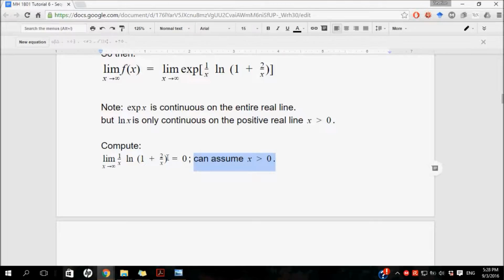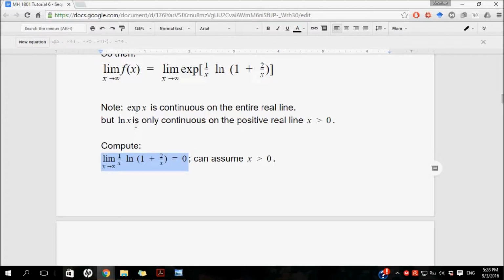Seeing that 2 over x converges to 0, 1 plus 2 over x converges to 1, and ln of 1 is going to be 0. So the limit in this case is 0 times 0, and therefore equals 0 by applying the limit laws correctly. Therefore, this limit does exist.